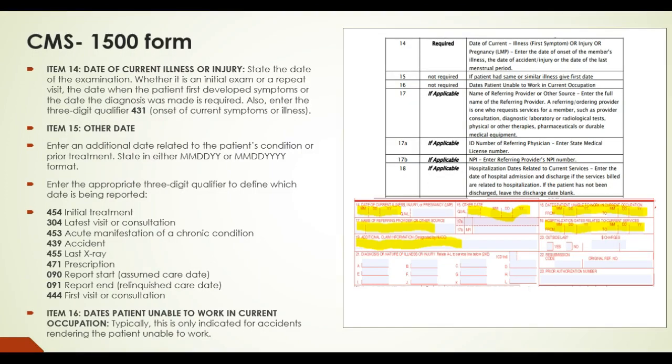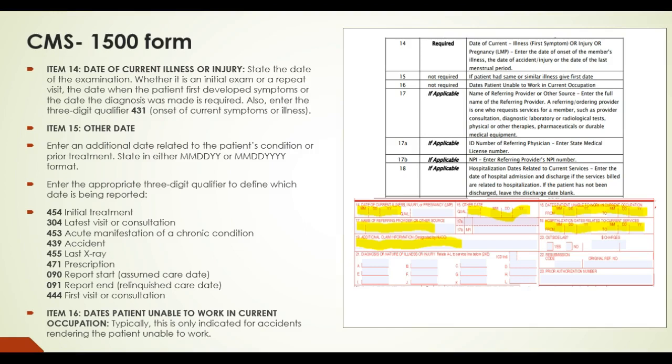All right. So let's move to blocks 14 through 18. Now, blocks 14 through 18, 14 is the date of current illness or injury, and it is required. Say, for instance, you come in to your doctor's office and you said you had an earache.